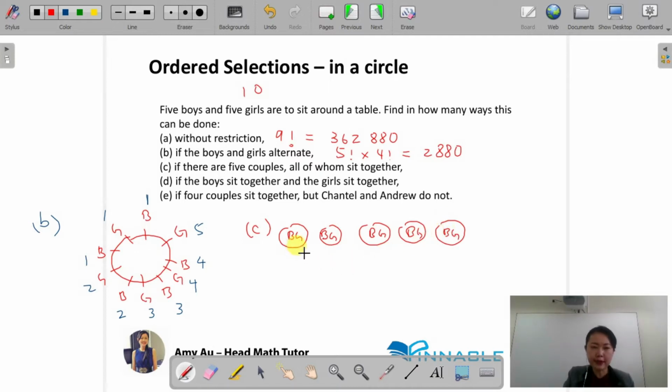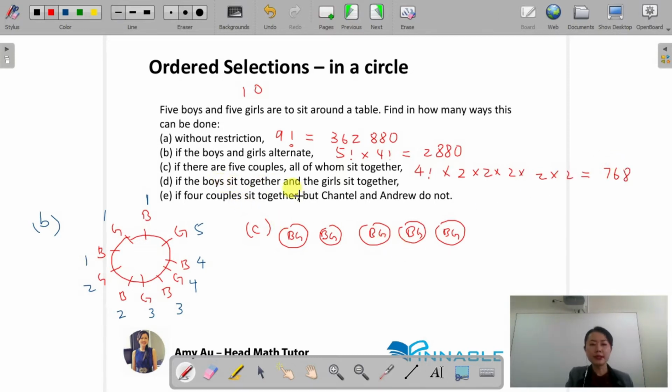So there are 5 groups to arrange in a circle. So 4 factorial to arrange 5 groups in a circle. Yeah, one less than a straight line. And then each of the groups, boy, girl can swap. So times 2 for each of the 5 groups: swap, swap, swap, swap, swap. That's it. That gives you 768.